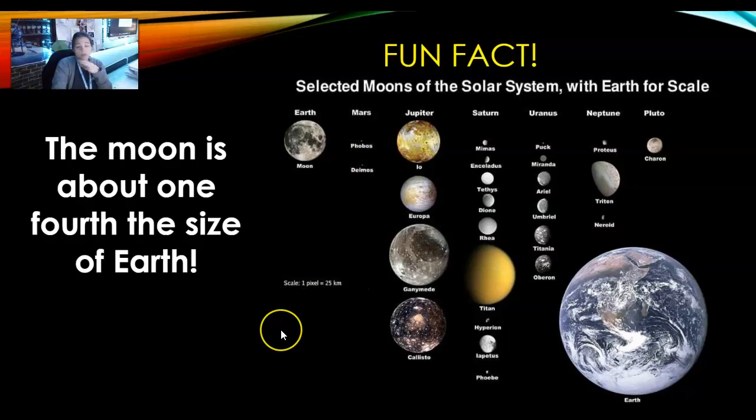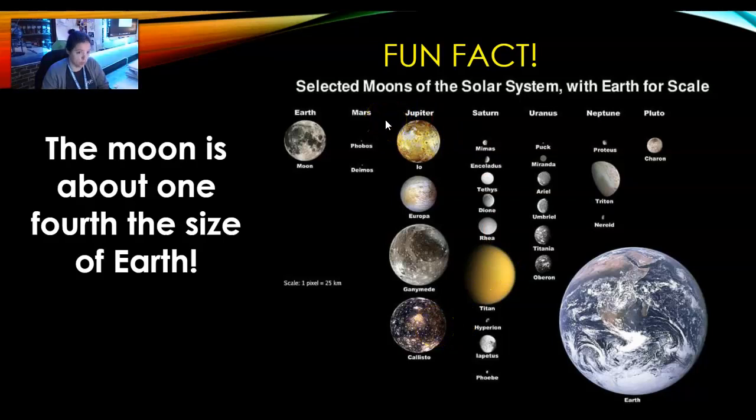All right, so here are some fun facts. The moon is about 1/4 the size of the Earth. So here is our moon. Oh, where is our moon? There's our moon right there, Earth's moon, which is comparable to Io, one of Jupiter's moons. Europa's a little bit smaller, but then you have Ganymede, which is much bigger, and Callisto.